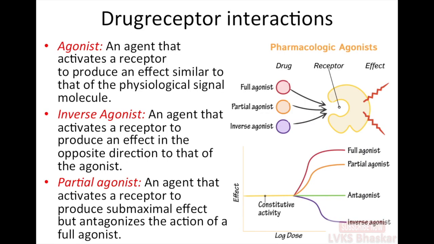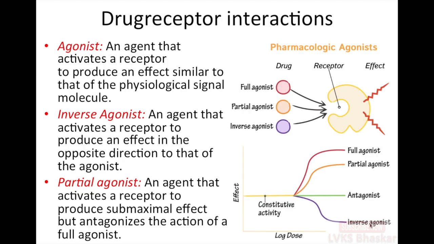An agonist is an agent that activates the receptor to produce an effect similar to the physiological signal molecule. An inverse agonist is an agent that activates a receptor to produce an effect in the opposite direction to that of the agonist. Here the full agonist or partial agonist shows a positive response, whereas the inverse agonist shows a negative response, the opposite direction.